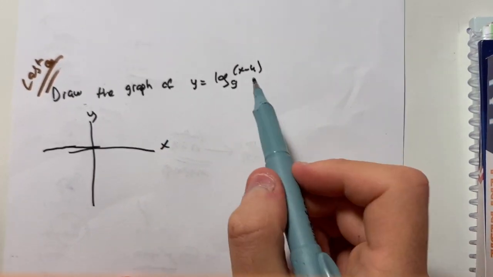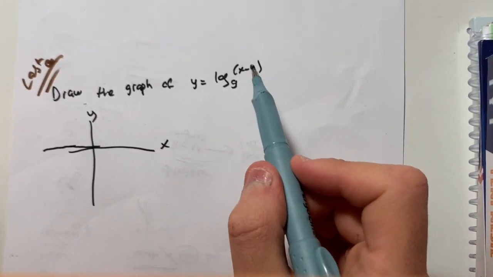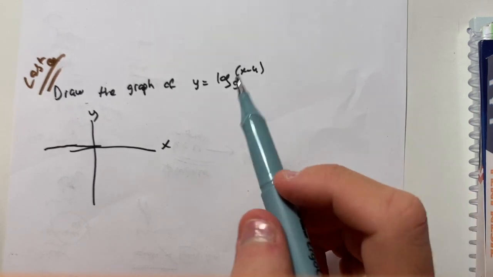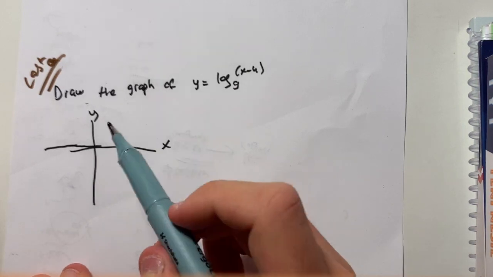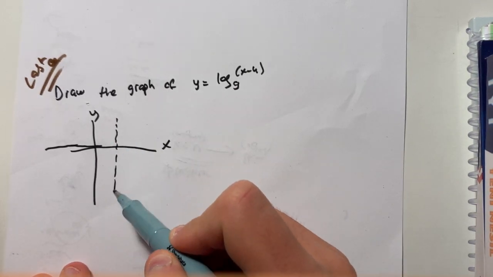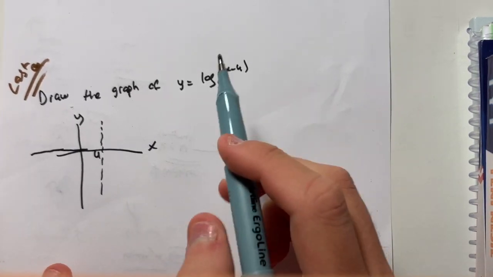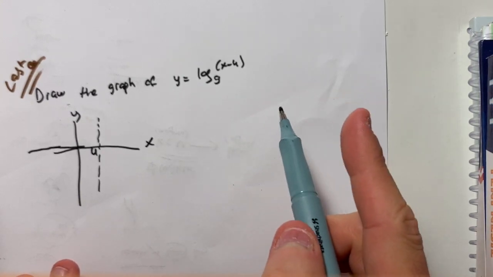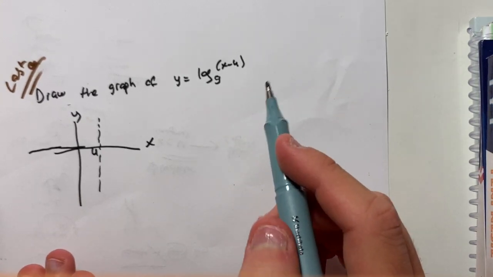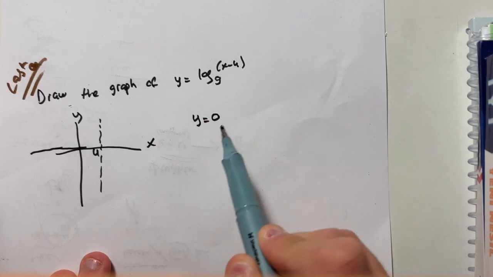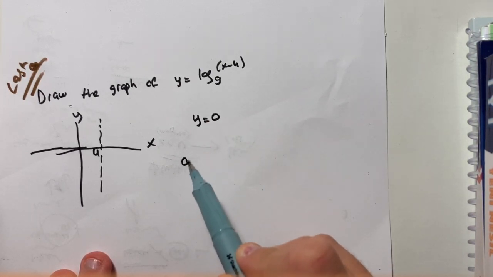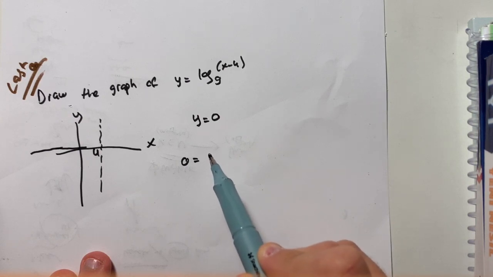And if you check the argument, when x equals 4, it makes the logarithmic function nonexistent. So there's a vertical asymptote at x equals 4. And one more thing, we have to find the value where the graph cuts the x-axis. For that we are going to write 0 instead of y.